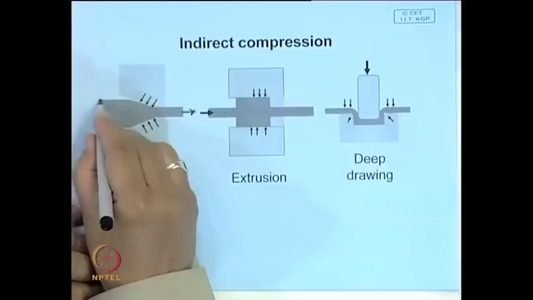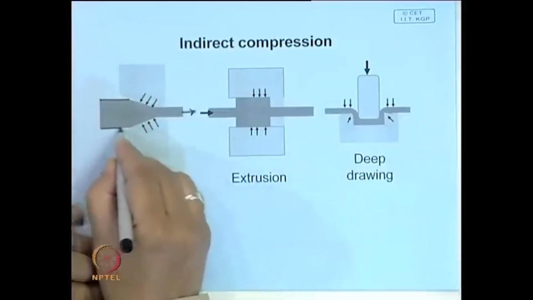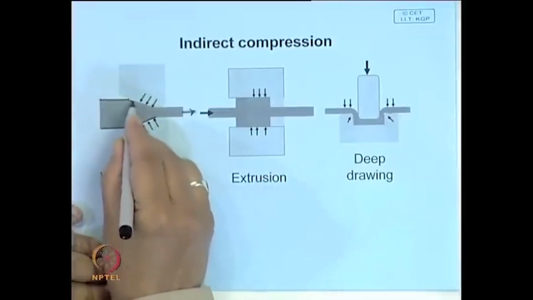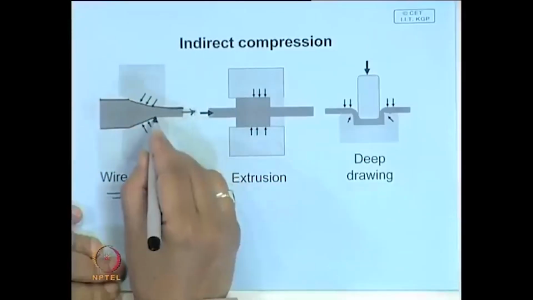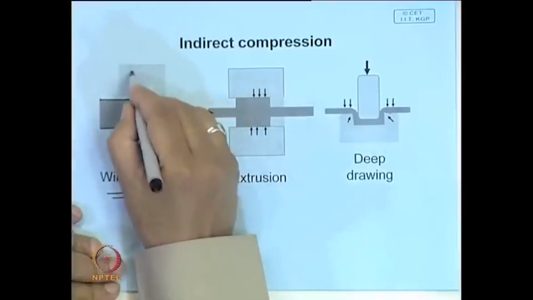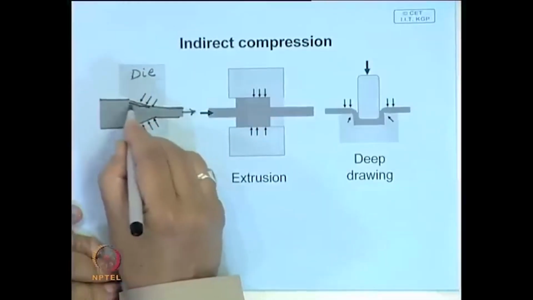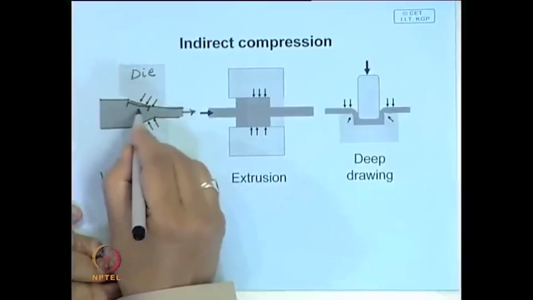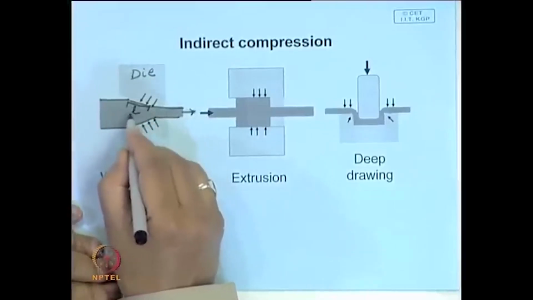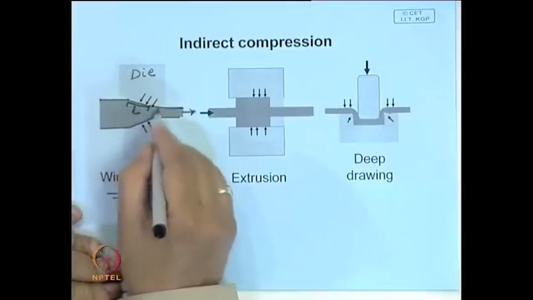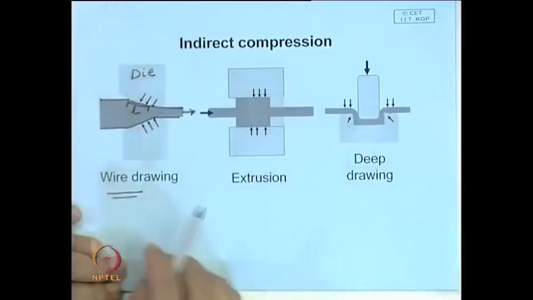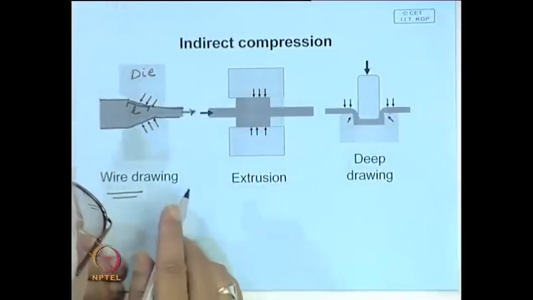This is your job, it comes here and passes through this die and is pulled through it. This is the zone, let us say of length L, over which deformation takes place.